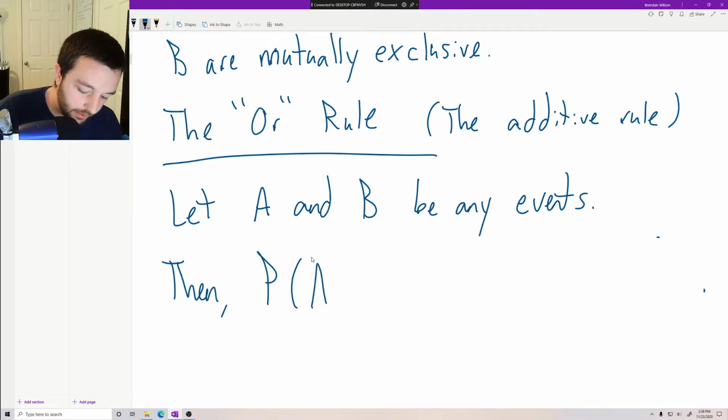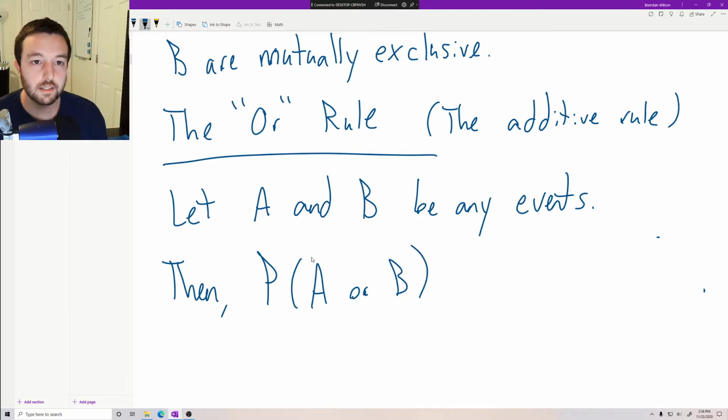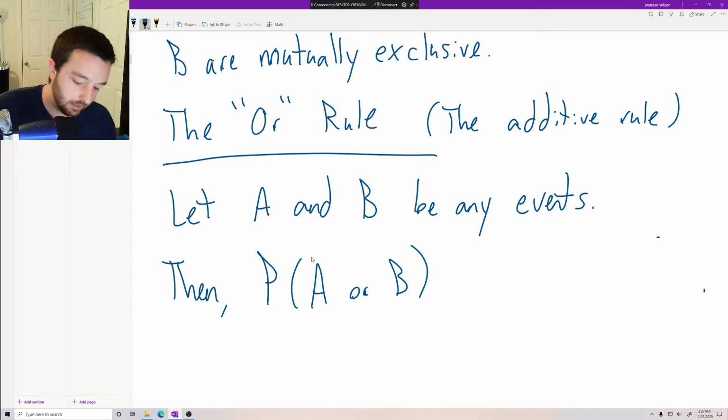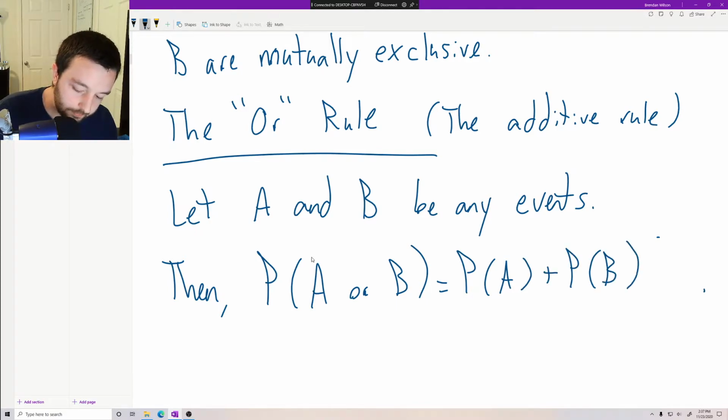Then the probability that A or B happens. In this scenario, we just need one of them to happen, either one of them or both of them. So the probability that at least one of them happens is going to be the probability that A happens plus the probability that B happens.